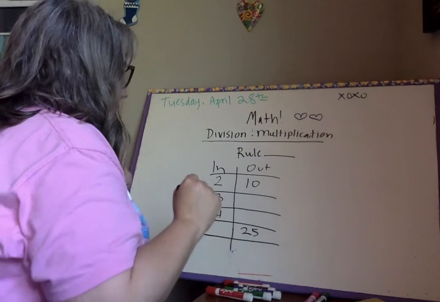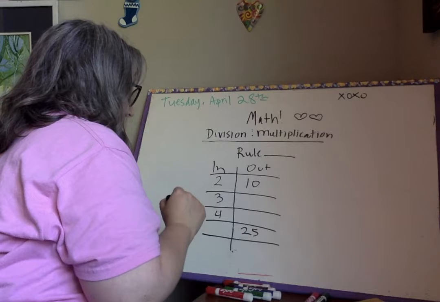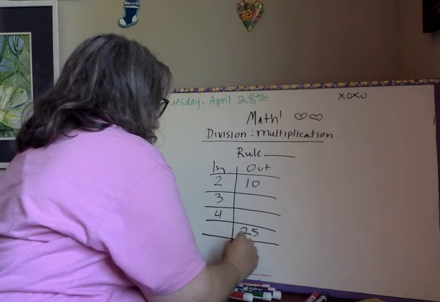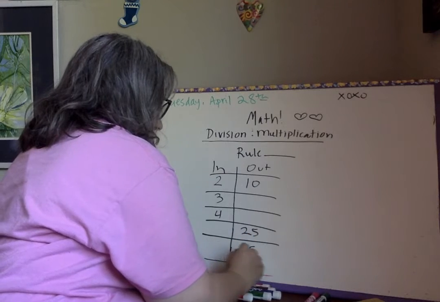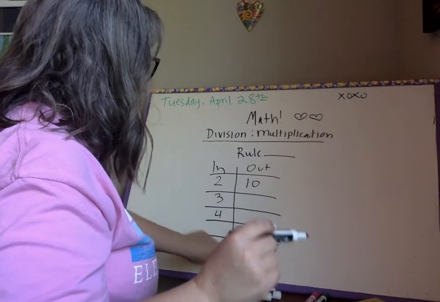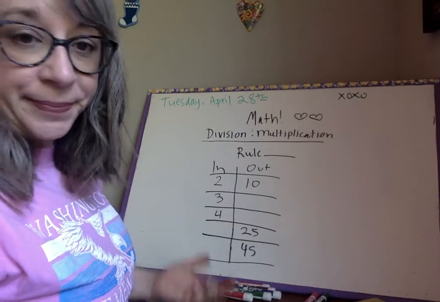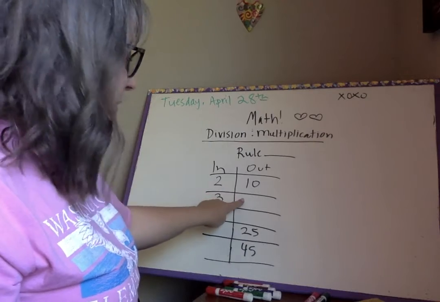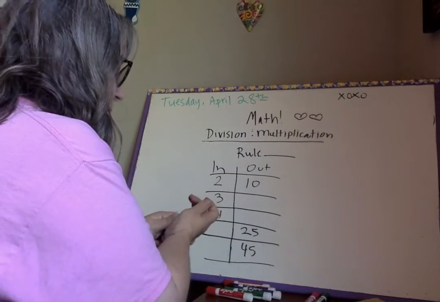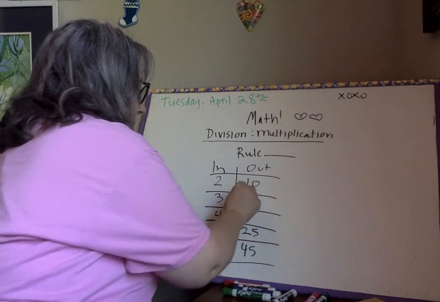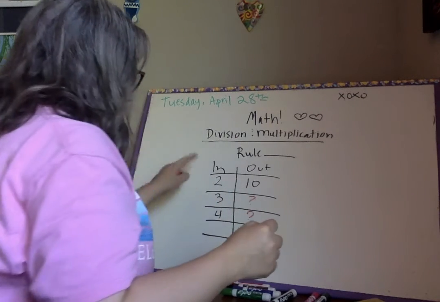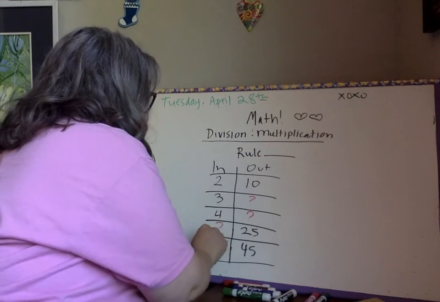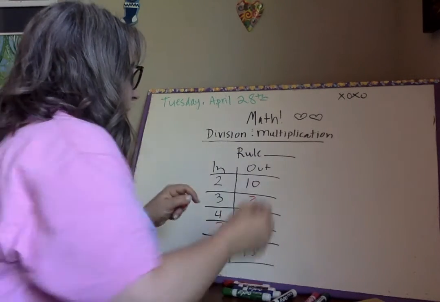Okay, I want to know what the rule is. Our in is 2, our out is 10. Our in is 3, our out is we don't know. Our in is 4, our out is we don't know. Our in is, we don't know what the in is, but we know the out is 25. We don't know what the in is, but the out is 45.